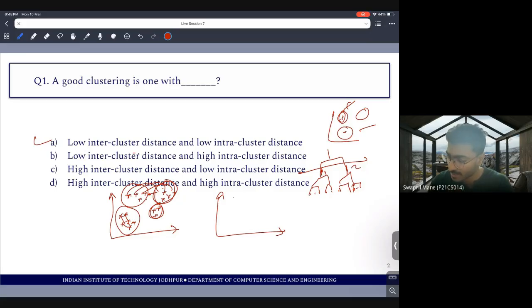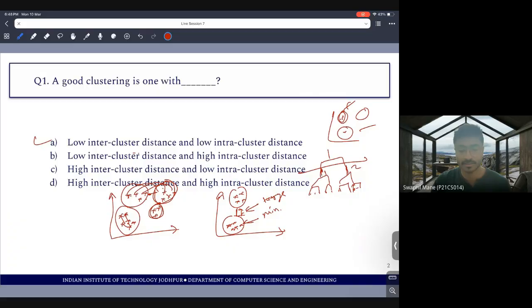Explicitly means the distance from one cluster to another cluster should be large, and the distance between the points within the cluster should be minimum. This is large, and this is a minimum distance. In that case, we can say this is a good cluster distribution.